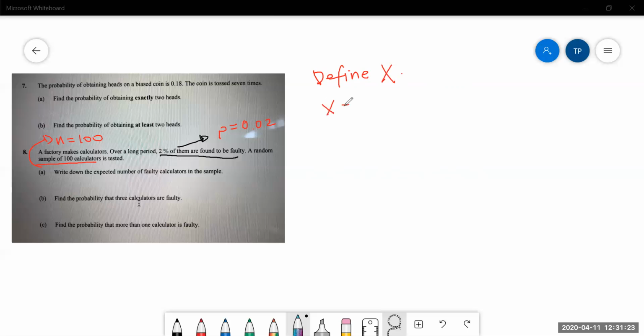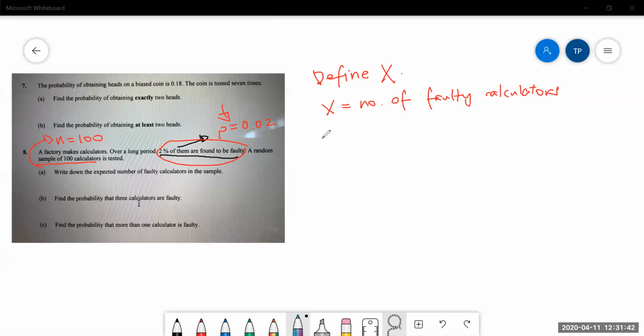So X is equals to what? Number of faulty calculators. Correct. How do you know? It is from the probability of success here. This is how they define it.